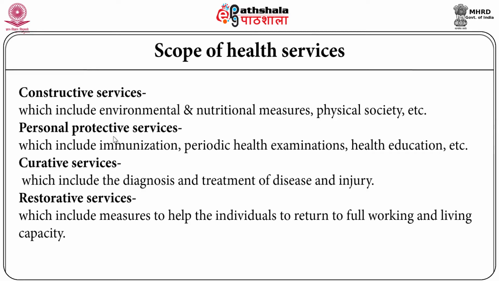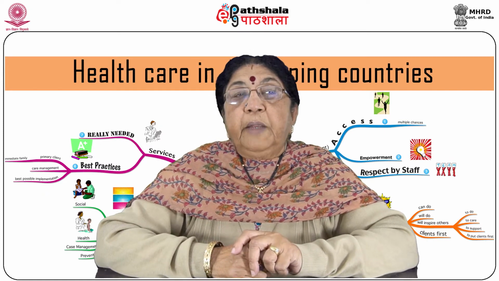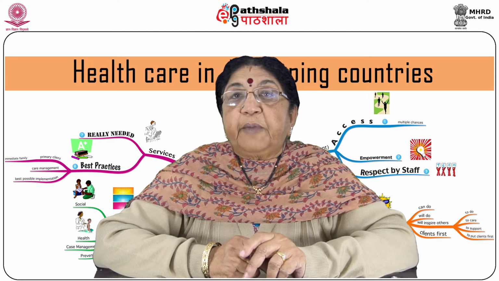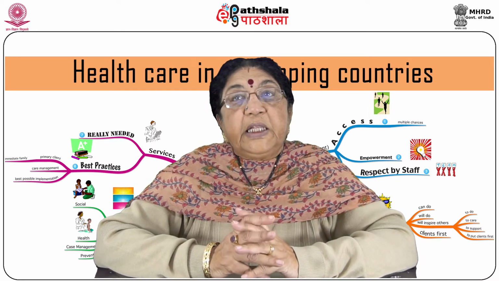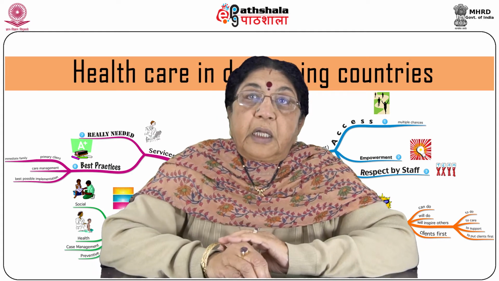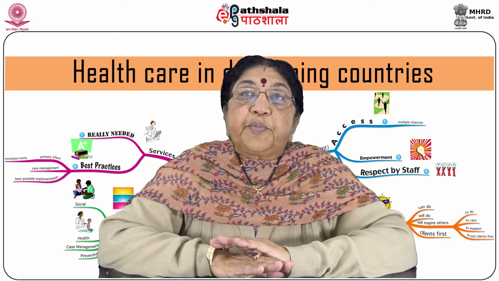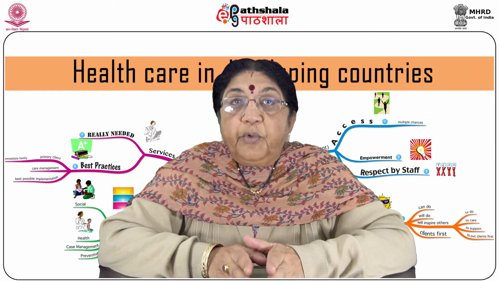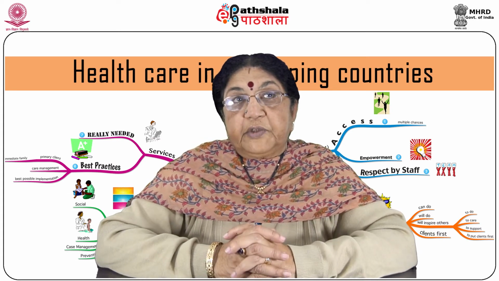And personal protective services refer directly to the individual and include immunization, periodic health examinations, and continuous health education, which is very essential because this is the crux of seeing that health spreads far and wide to each and every person. So first, we have to improve the understanding of the person before we can provide the health services.